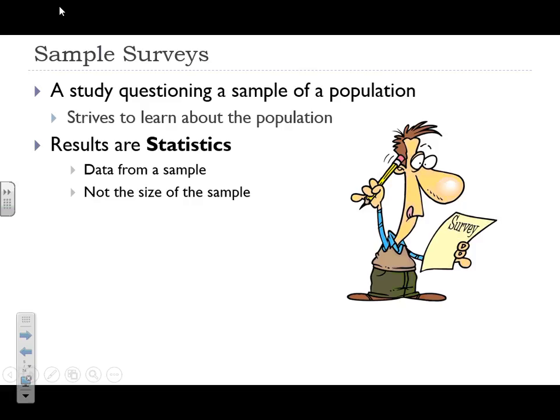So the big thing to remember here, if it is a value that comes from a sample, it is a statistic. It's an estimate of the true population value. So that might be something else you write down with statistic. It's an estimate of the true population value.